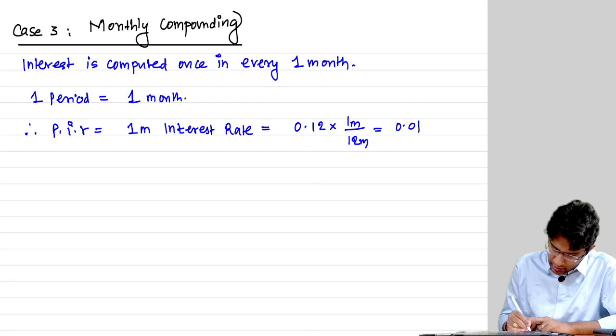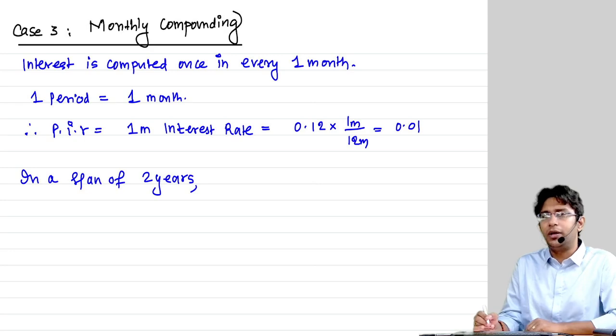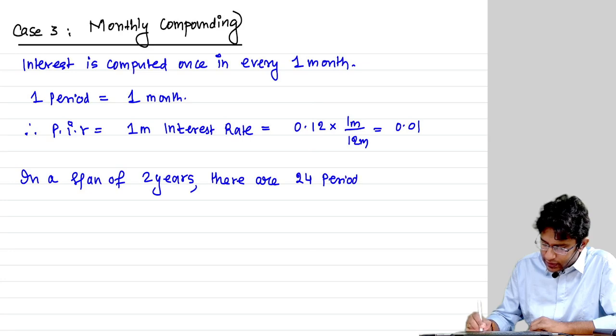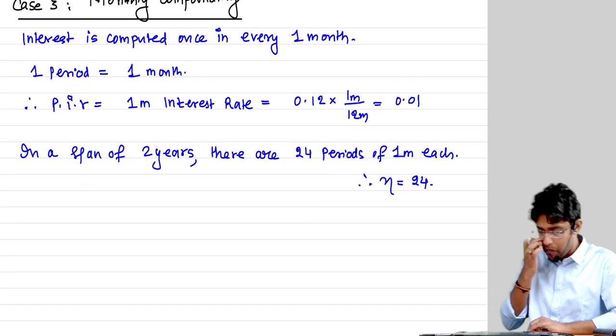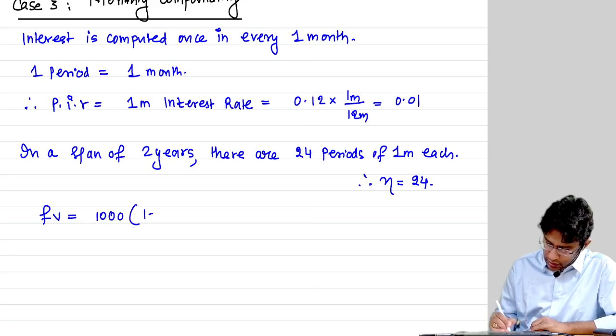Move on. In a span of 2 years, tell me, sir, how many periods are there now? There are 24 periods of 1 month each. Therefore, n is equal to 24. The future value is equal to 1000 into 1 plus 0.01 whole power 24.